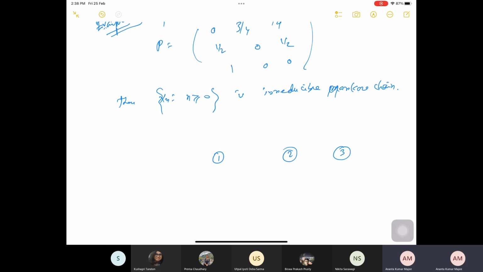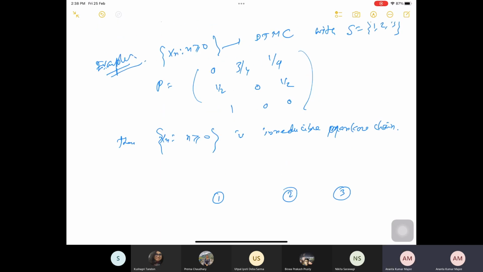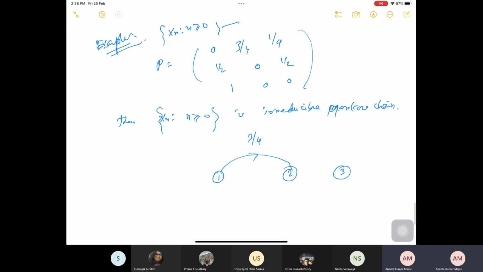From 1 to 2, what is the weight? That is 3/4. And then 1 goes to 3, this is 1/4.